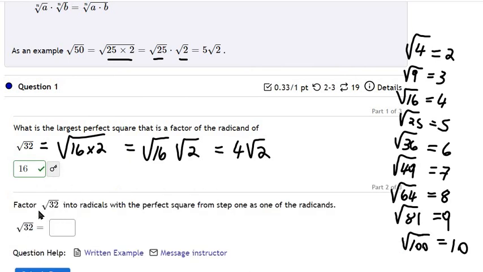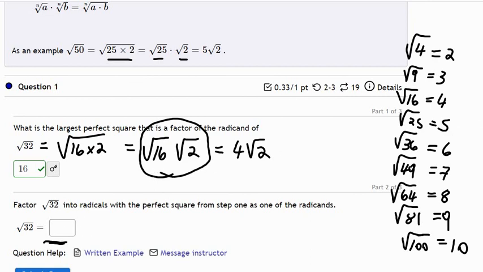Then it opens up the second part. It says factor the square root of 32 into radicals with the perfect square from step 1 as one of the radicands. So it wants me to split it up the way I did right here. So whatever we did right here is what we're going to put as the answer for step 2.